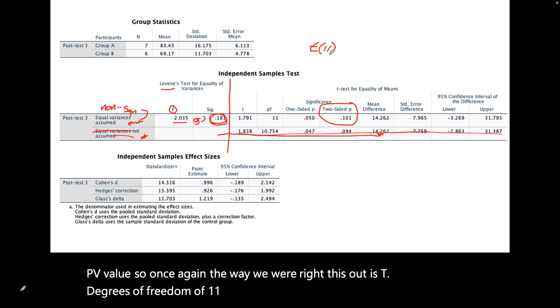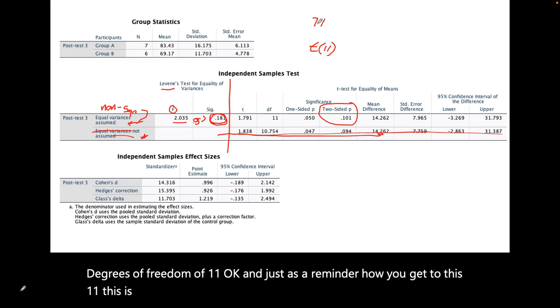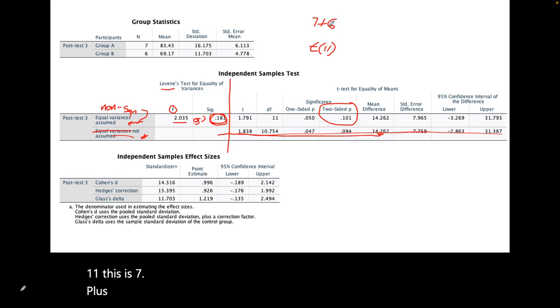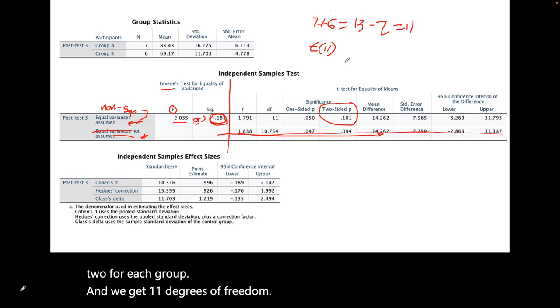And just as a reminder of how you get to this 11, this is 7 plus 6, which equals 13, minus 2 for each group. And we get 11 degrees of freedom, okay?